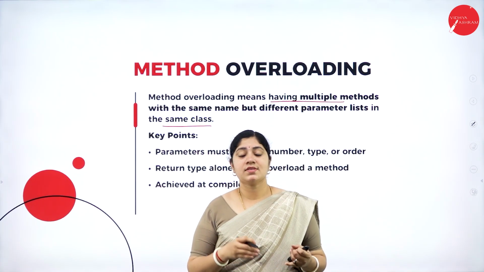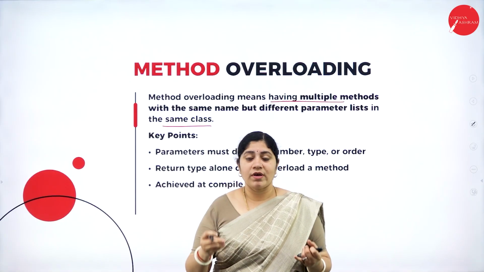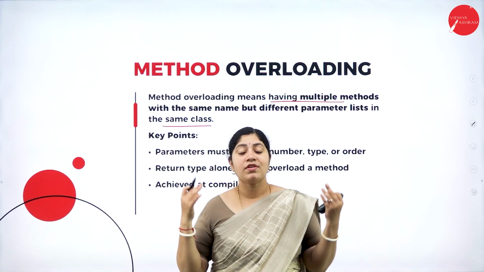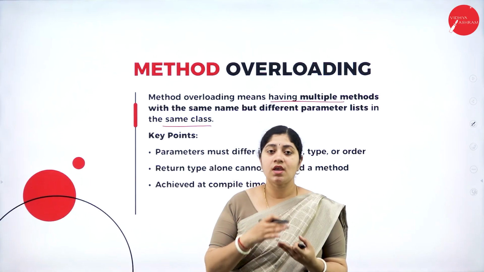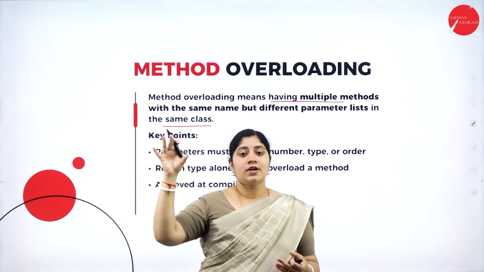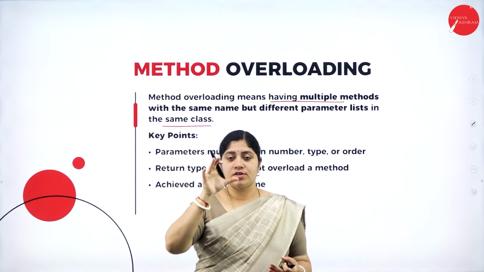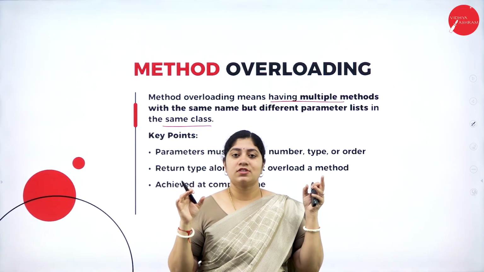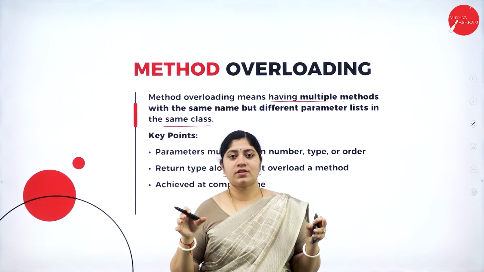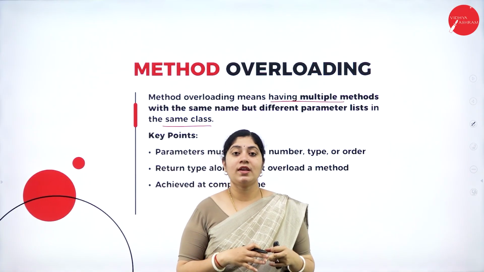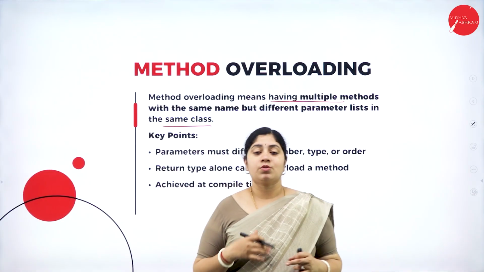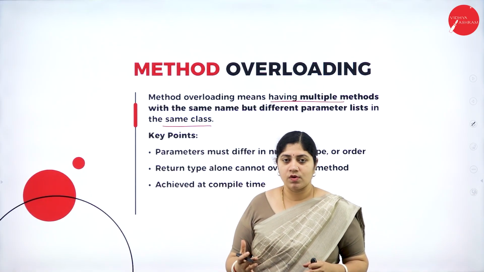Let me repeat the definition of method overloading. Method overloading means having multiple methods with the same name but the parameters will vary according to the method, and the methods as well as the parameters are all included in the same class. So that is nothing but method overloading.